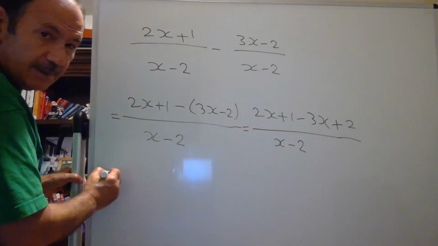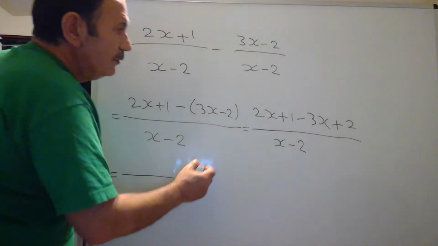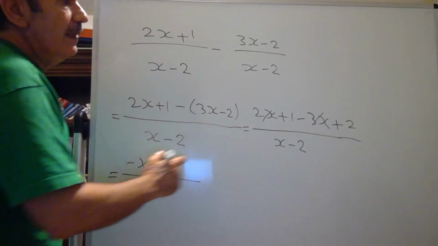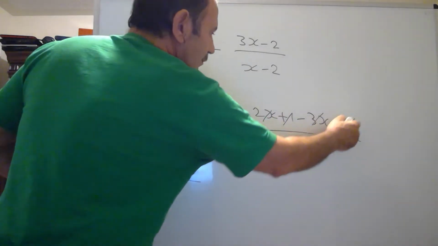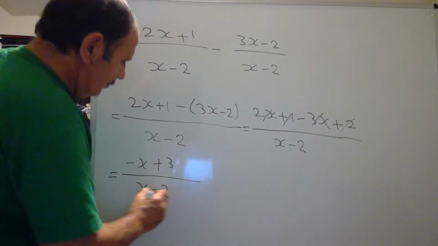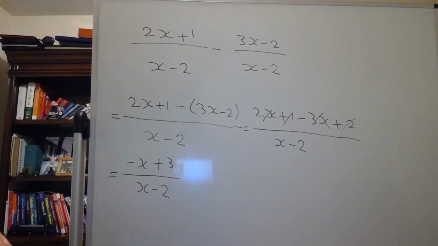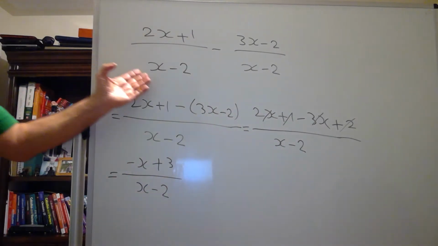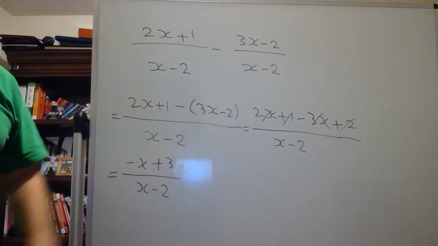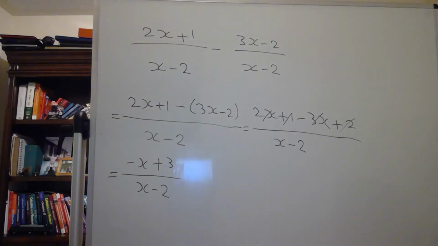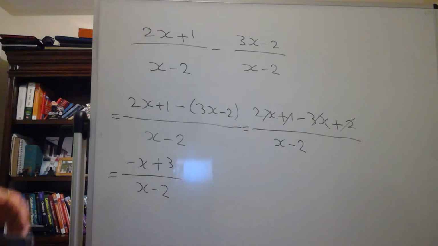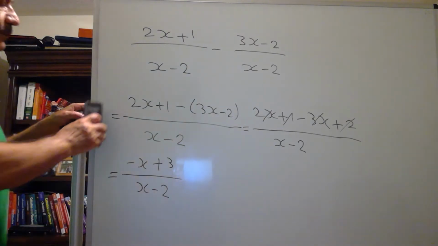Add up the like terms in the numerator. 2x minus 3x is going to be minus x, plus 1 plus 2 is going to be plus 3, over x minus 2, and this is going to be the final answer. As you see, when the denominators are the same, just write the same denominator and do the algebraic addition of the numerators. Let's see what we should do when the denominators are different.